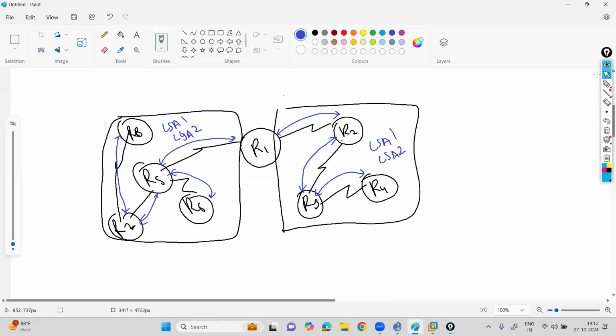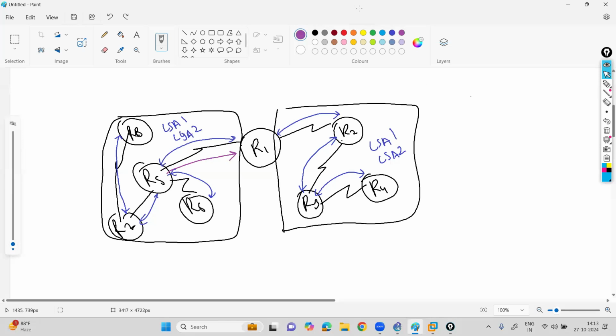Now, let us assume that this router, let me change the color, will forward the data to this router, right? And this router is forwarding the data between two different areas.